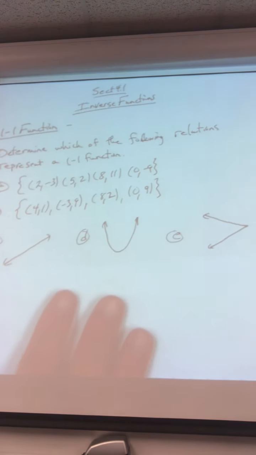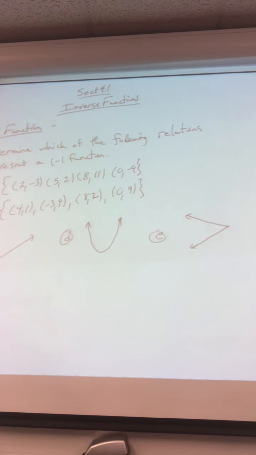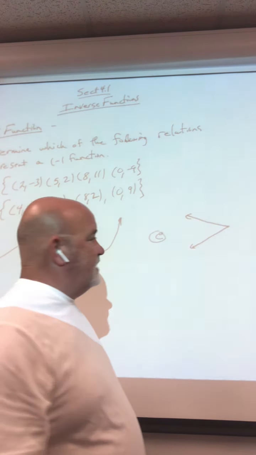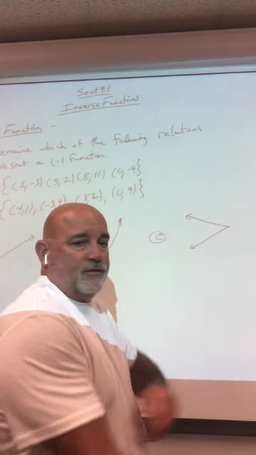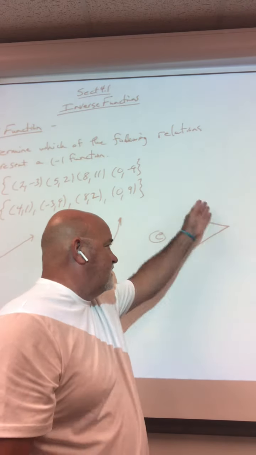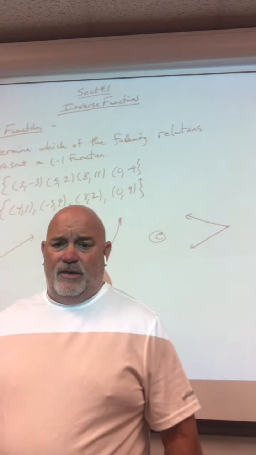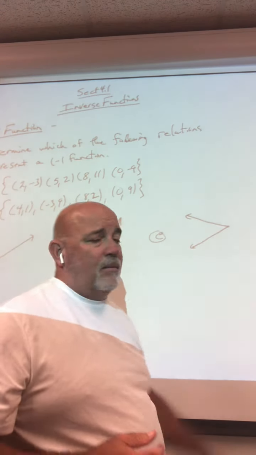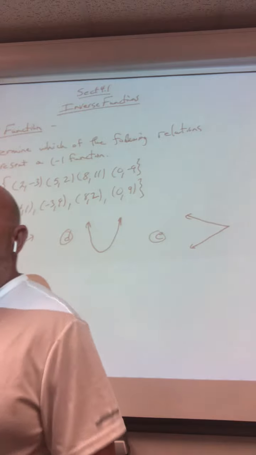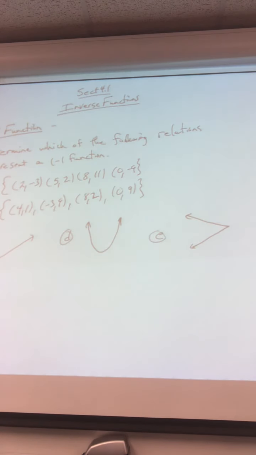All right, now this next example, is it a function? No, fails the vertical line test. So if it's not a function, is there any way it can be a one-to-one function? No. So this problem right here is no, fails vertical line test.